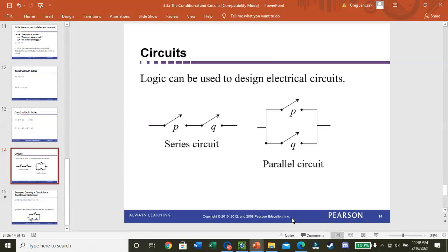All right. Let's look at circuits. Logic can be used to design electrical circuits. All right. Now, I used to be an aviation electronics technician in the Navy. Okay, one of my jobs, one of my hats that I had. So this goes along pretty well with actually how electronic circuits work.